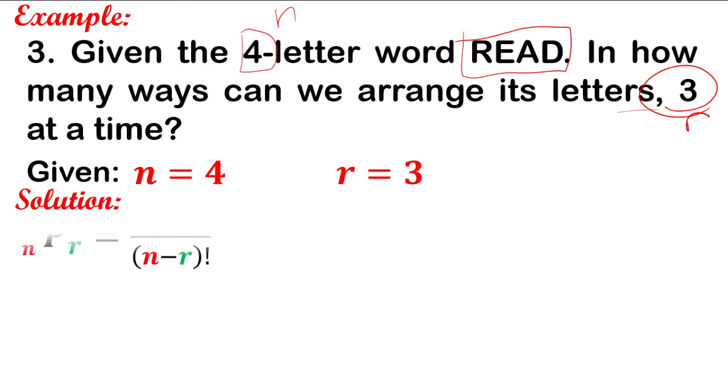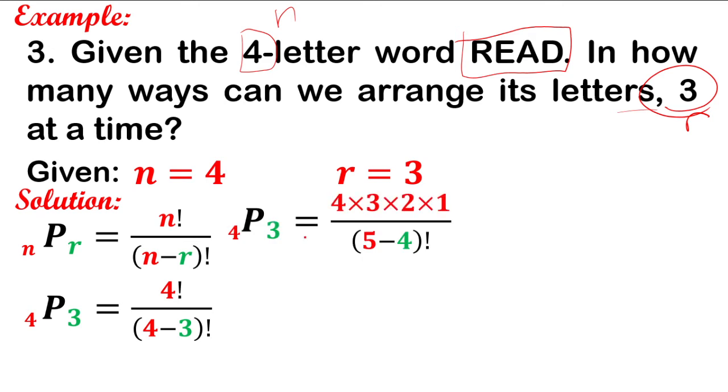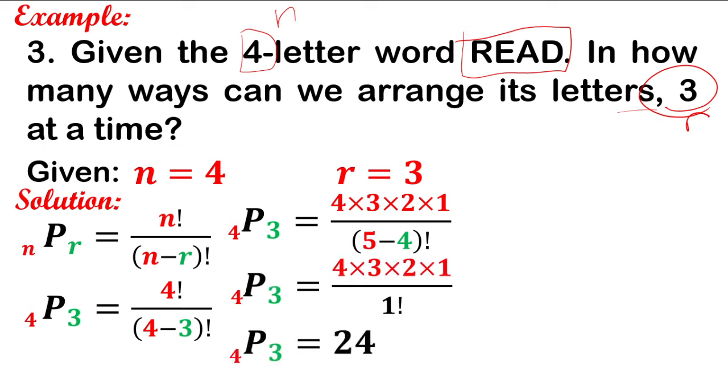And then, using the formula, substituting it, we will now have the permutation of 4 things taken 3 at a time is equal to 4 factorial over 4 minus 3 quantity factorial. And 4 factorial means 4 times 3 times 2 times 1. 4 minus 3 is 1. 1 factorial is simply 1. So, 4 times 3 times 2 times 1 is simply 24. Okay?